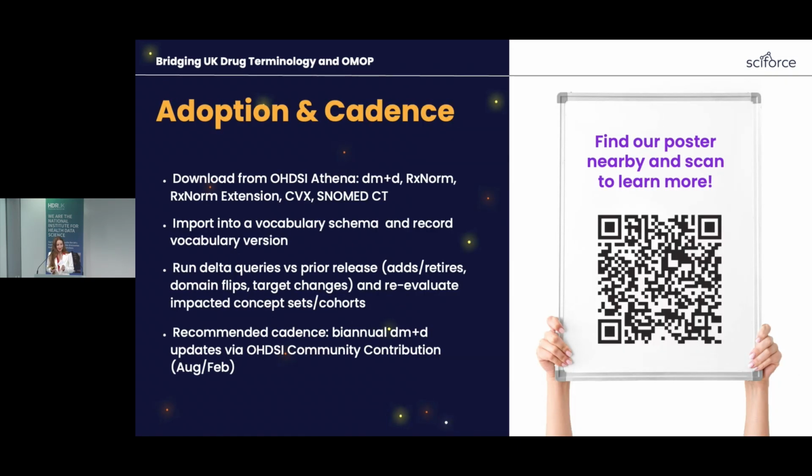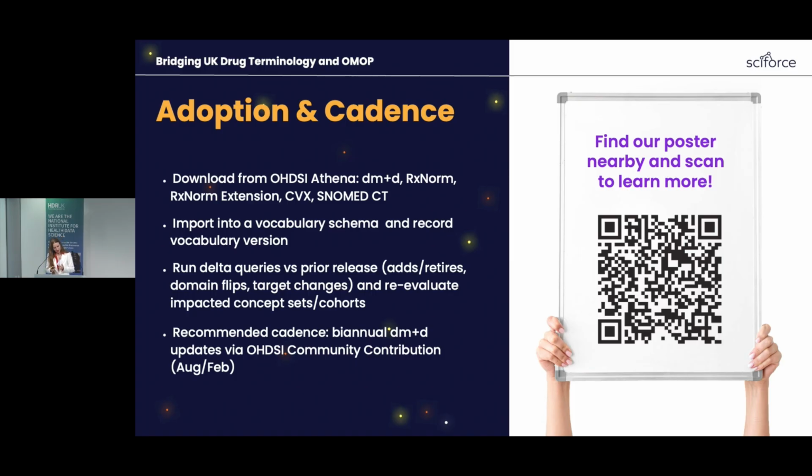And a call to action: please download the vocabulary from Athena, including the vocabularies that I mentioned. Also import these vocabularies into your vocab schema in a relational database, usually.